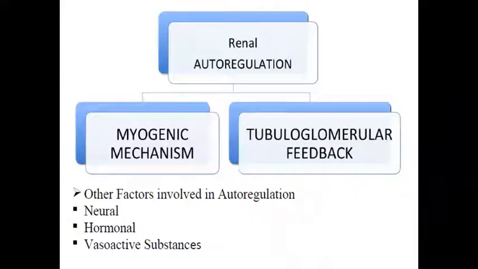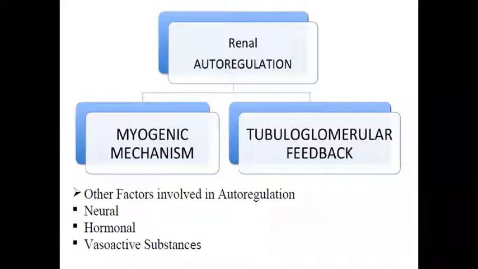Even the afferent arterioles that supply blood to the kidney nephron have smooth muscle cells. When the blood pressure increases, they will be stretched. The more they are stretched, the more they contract. When they contract, resistance increases and blood flow reduces. So it regulates blood pressure and also blood flow to the kidneys. That is called the myogenic mechanism.